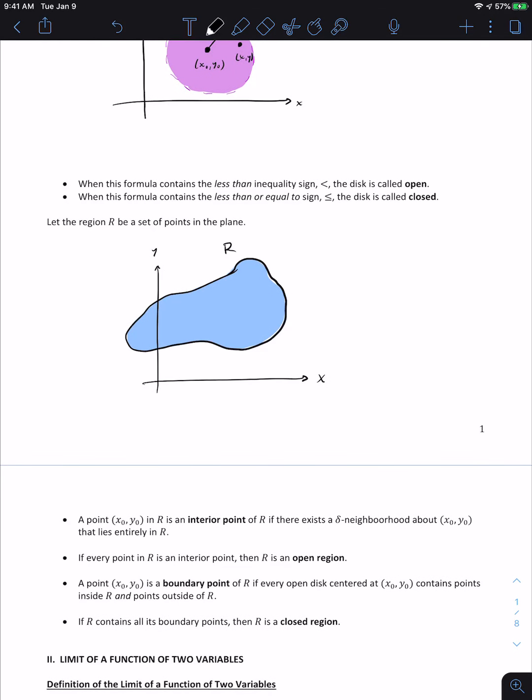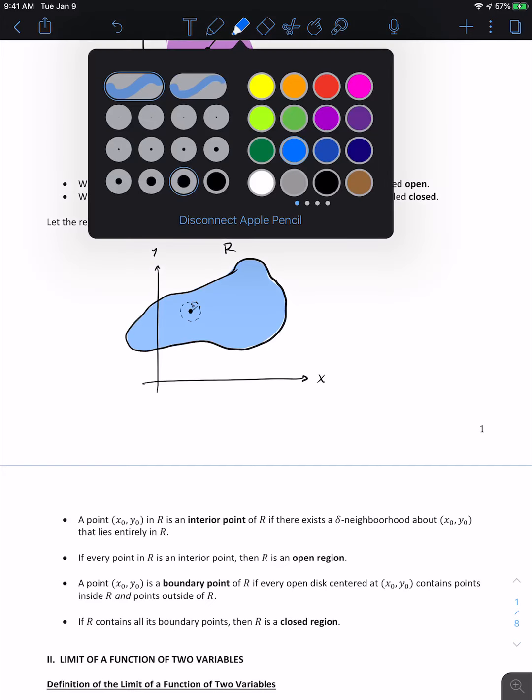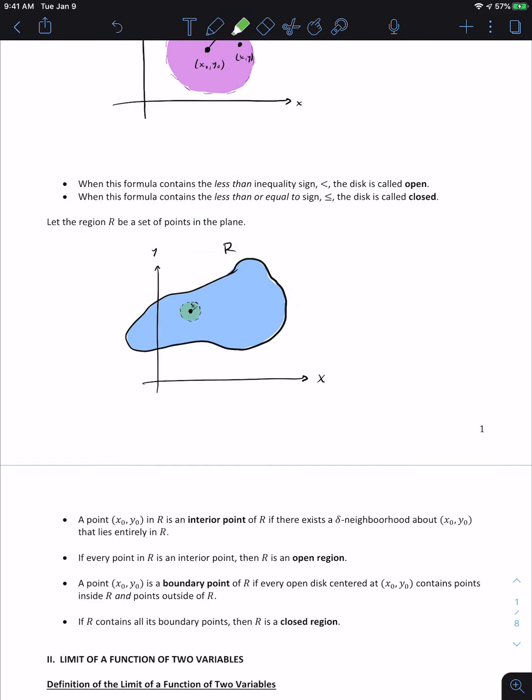A point (x naught, y naught) is an interior point if there exists a delta neighborhood about that point that lies entirely inside of the region R. For example, if I took this point right here, it would be considered an interior point. Why? Because I can draw a little disk of radius delta that is entirely inside of my region R.